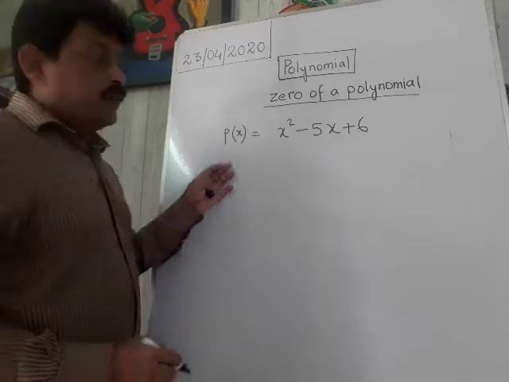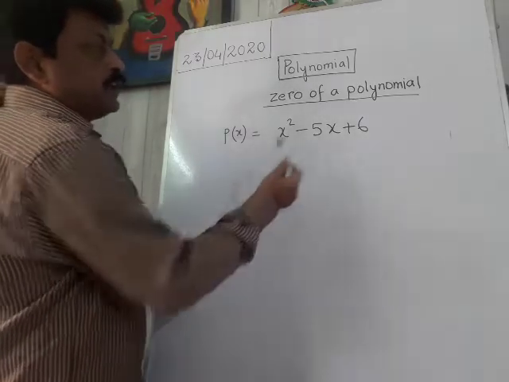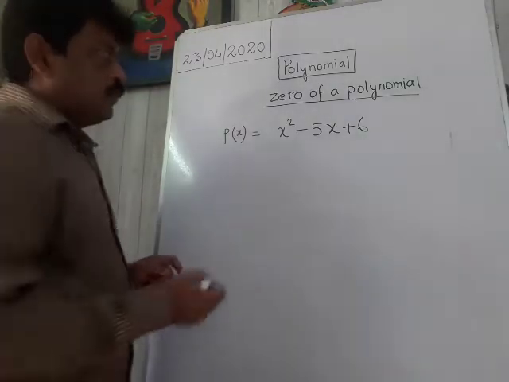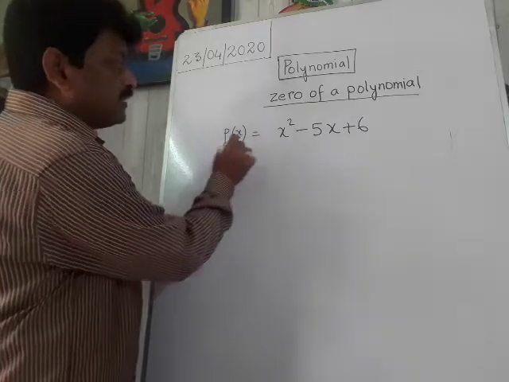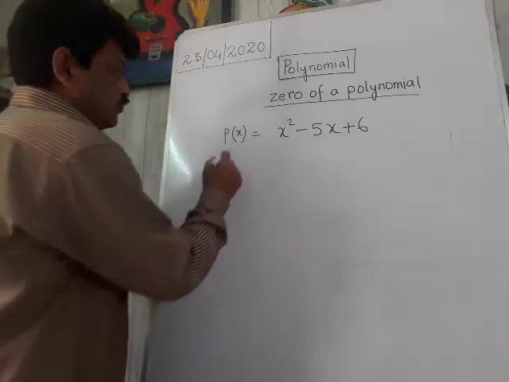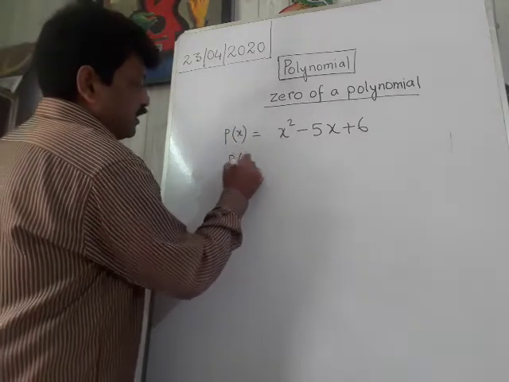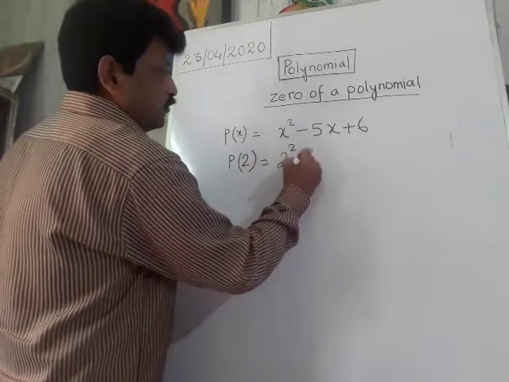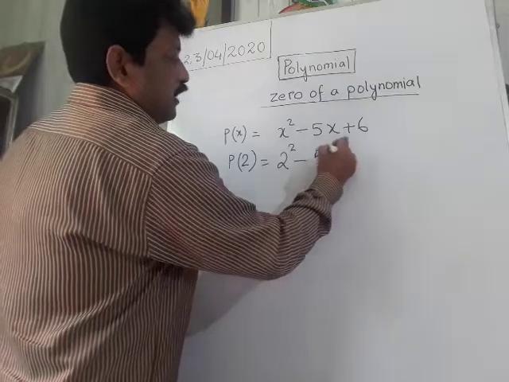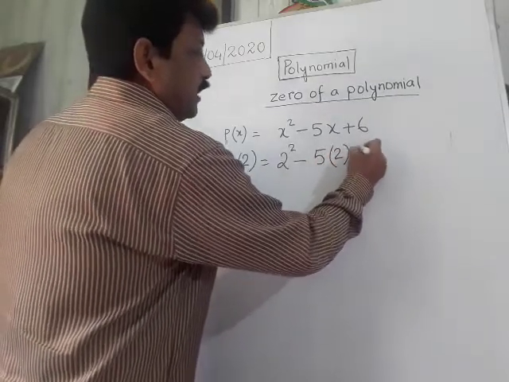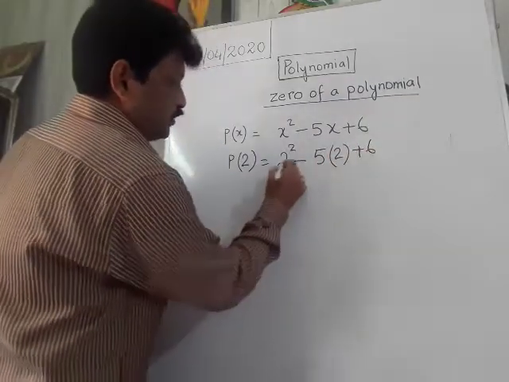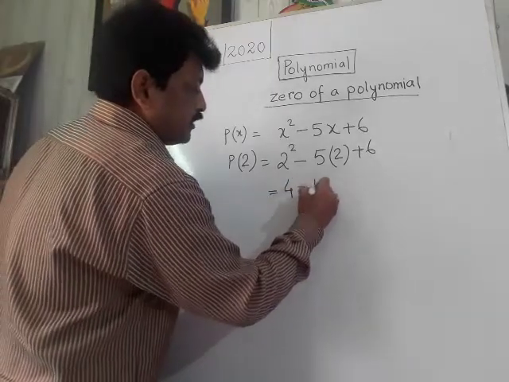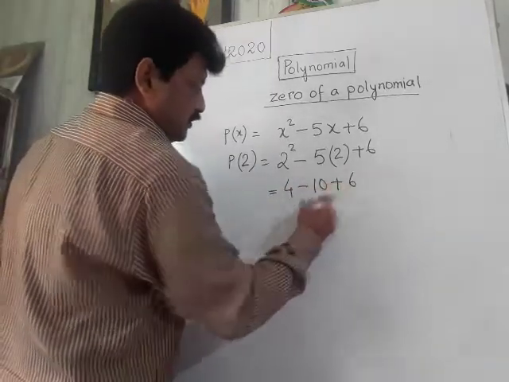Consider another polynomial x square minus 5x plus 6. Now let me replace x with 2. So see what we are getting. 2 square minus 5 multiplied by 2 plus 6. So this will give 4 minus 10 plus 6.